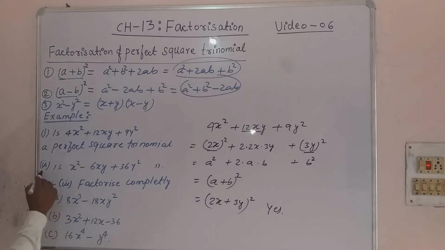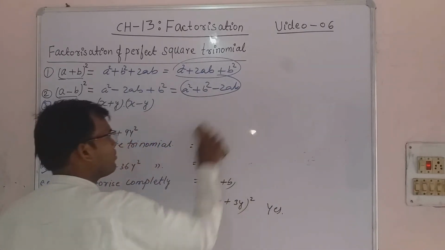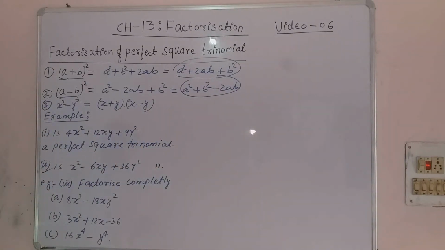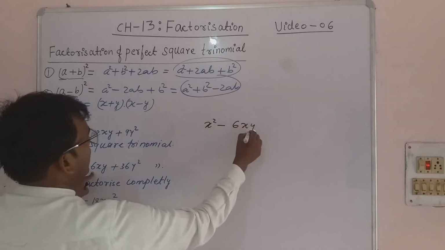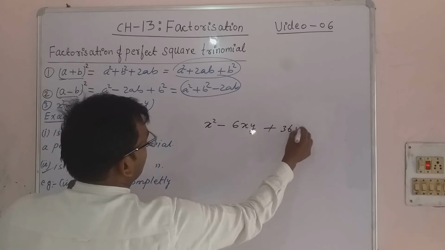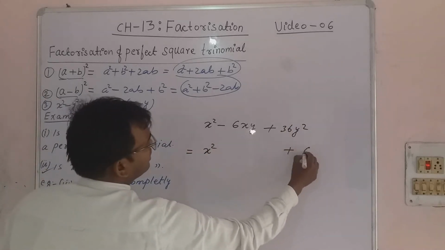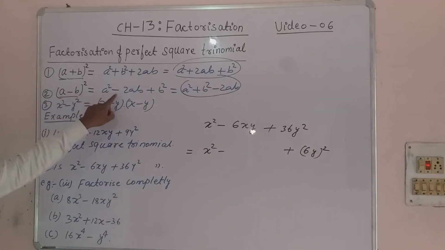Same thing you can check. Second one is x square minus 6xy plus 36y square, a perfect square trinomial or not? So let me check. It is given x square minus 6xy plus 36y square. You can write x square plus (6y) whole square, and since it is minus, it will become minus 2ab.